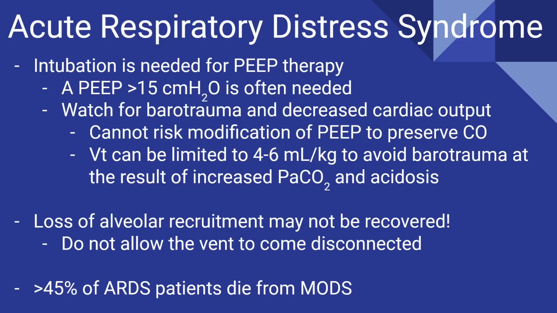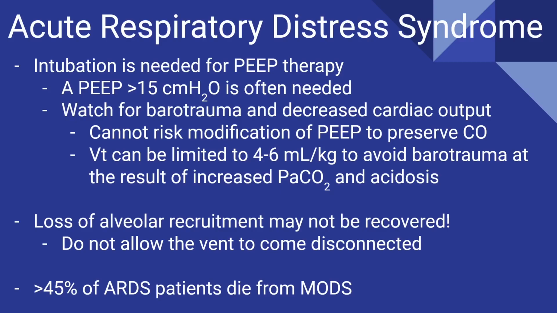So anytime we have a high PEEP or a lot of pressure in the lungs, we're also going to further restrict that blood flow through the lungs and back to the heart. So we're going to end up seeing a potential decrease in cardiac output, which translates to a lower blood pressure.